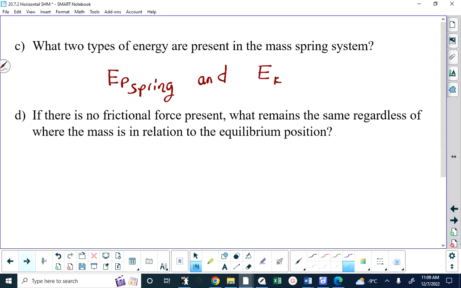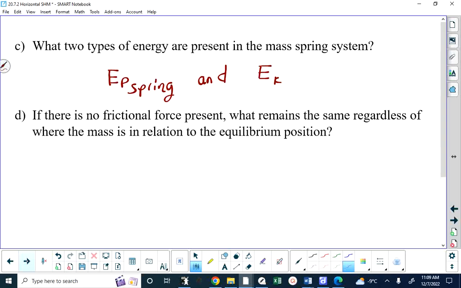If there are no frictional forces present, what stays the same, even though as it oscillates back and forth horizontally, the force on the mass changes? I hope it's clear the speed of the mass is going to change. The acceleration will change.